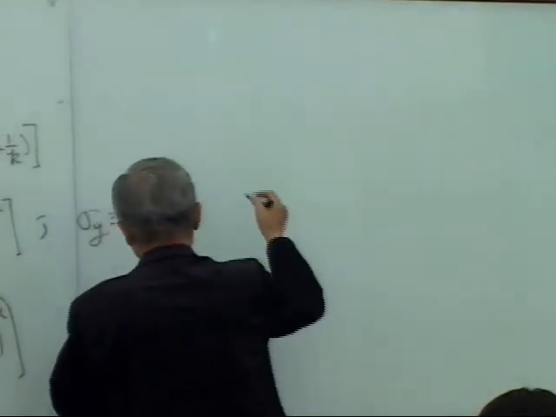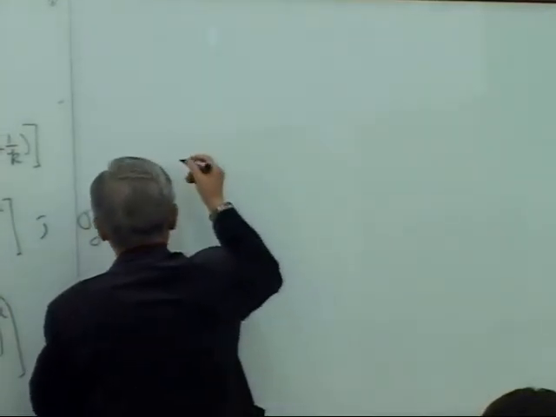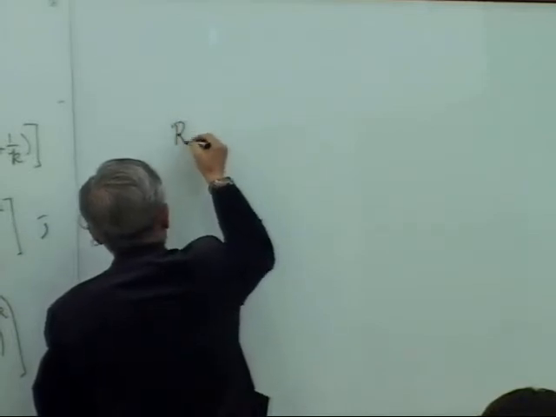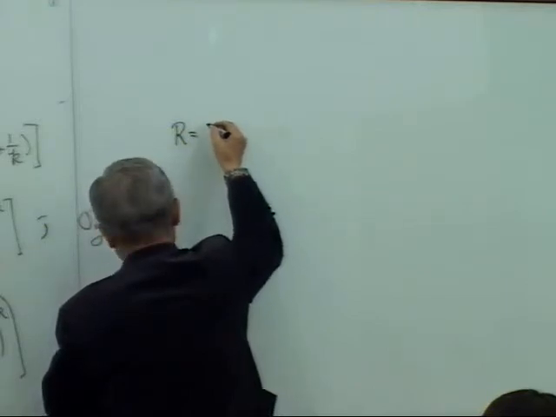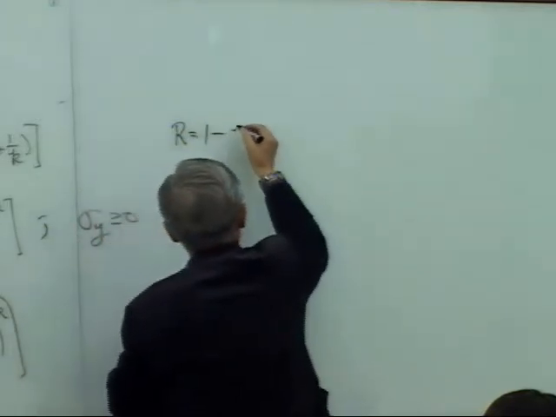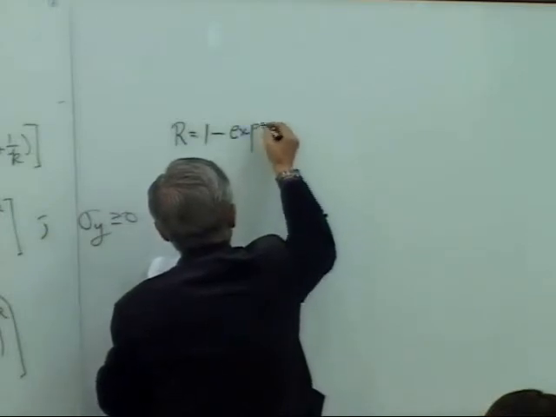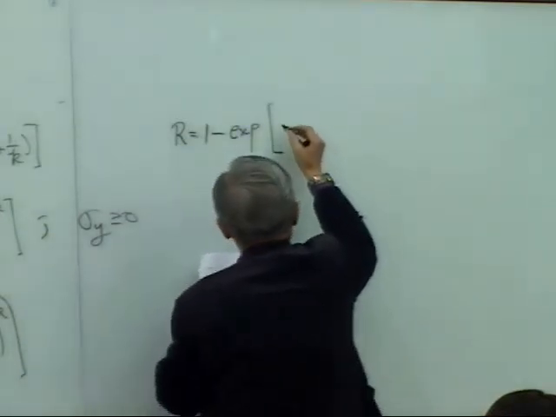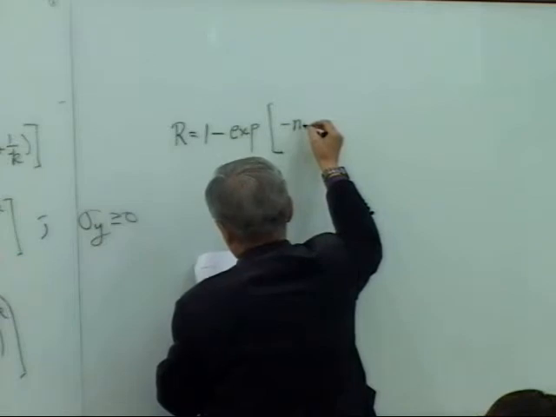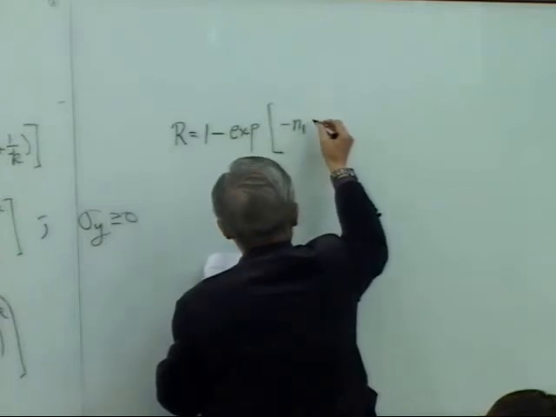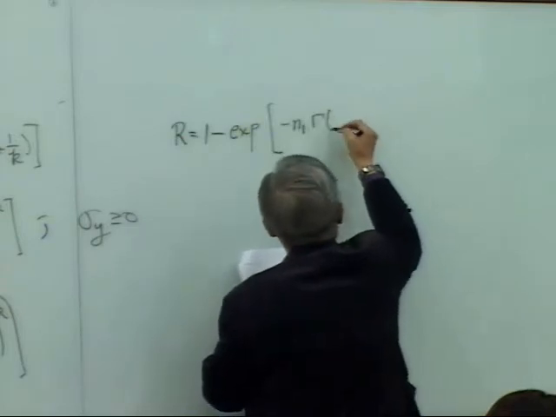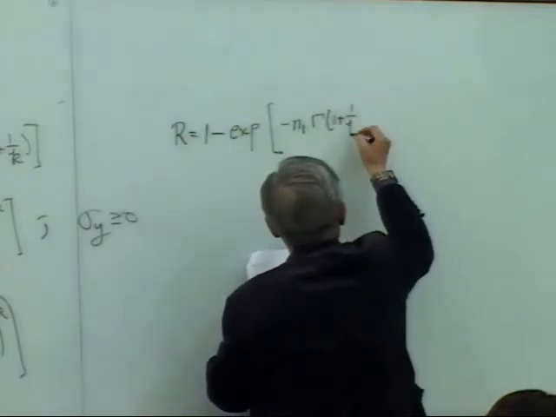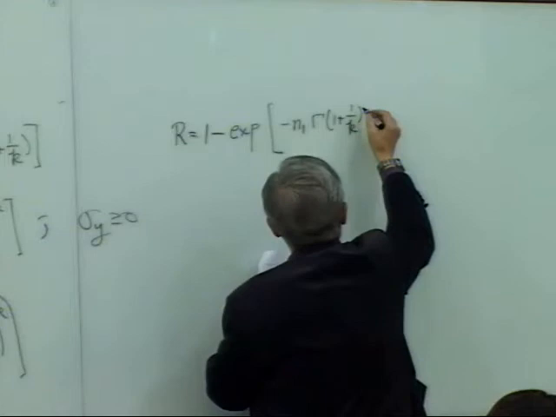Then in terms of n1, R is equal to 1 minus exp minus n1 gamma 1 plus 1 over k, to the k.